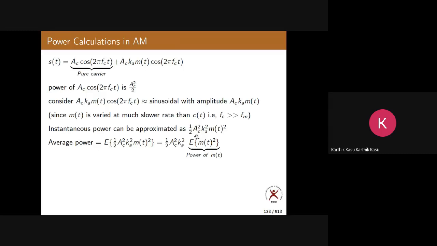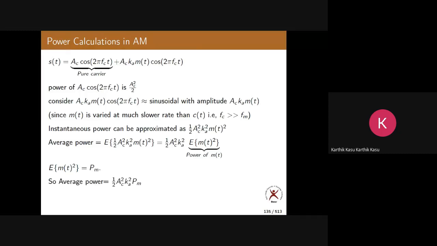Since the half Ac square Ka square is completely constant, you can take it outside the expectation. We are left with only the expectation of m of t whole square. I told you already, if x is a random variable, the expectation of x square is the power, or mean square value. I am calling that Pm. So the expectation of m of t whole square equals Pm, which is the power of your m of t.